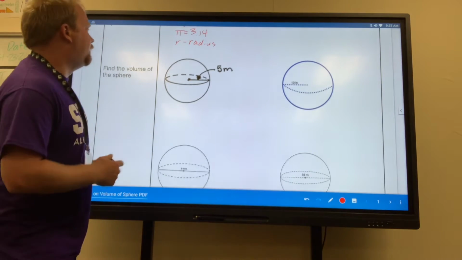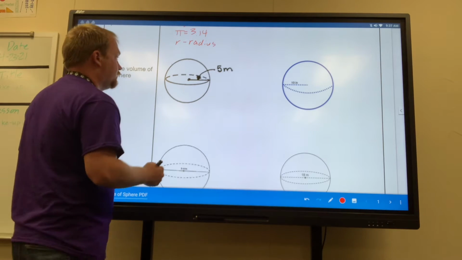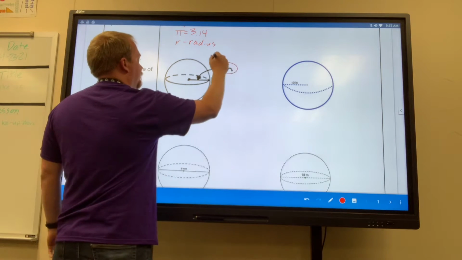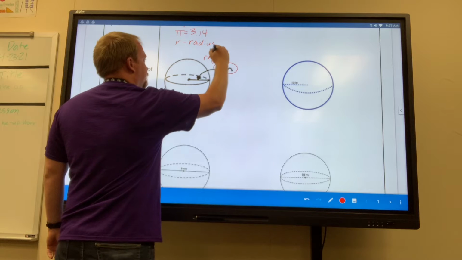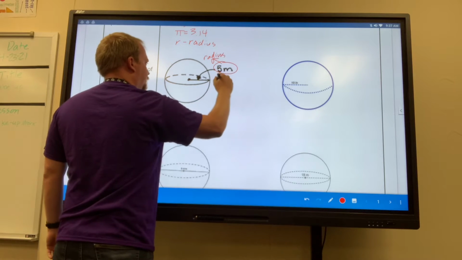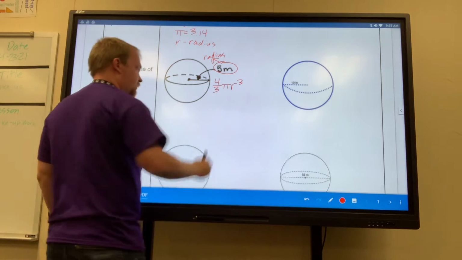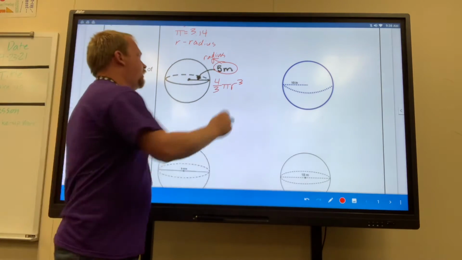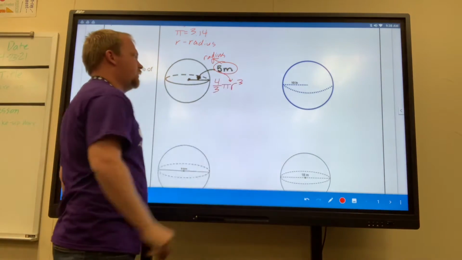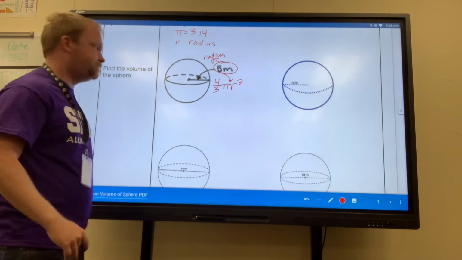So if I look at my first example here, this right here, that's my radius. So that means 4/3 pi r cubed. Now, I can go ahead and plug this 5 into r.